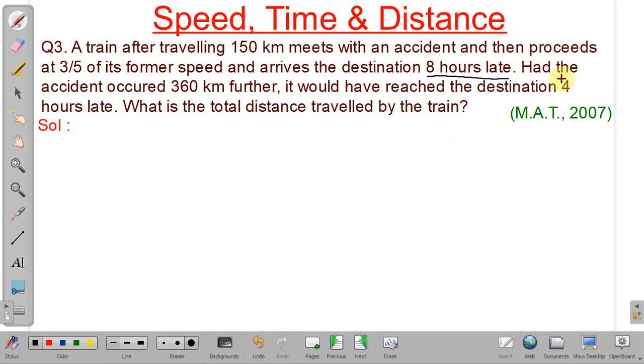Okay, and it is given had the accident occurred 360 kilometers further, then it would have reached the destination 4 hours late. Means traveling 360 kilometers with original speed and traveling 360 kilometers with reduced speed, and time difference will be 4 hours. Okay, so we have to find the total distance traveled by the train.